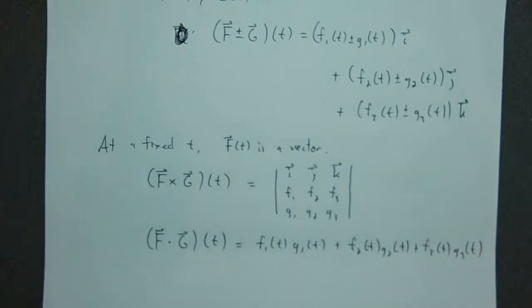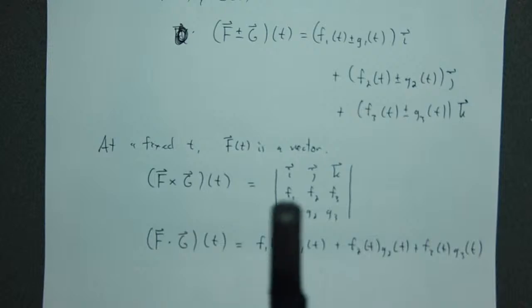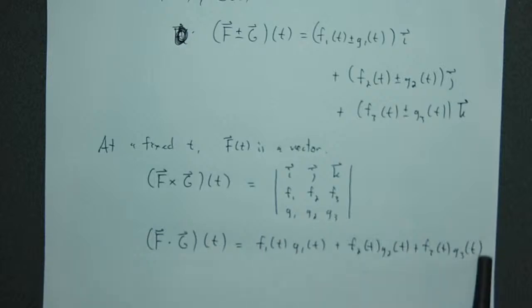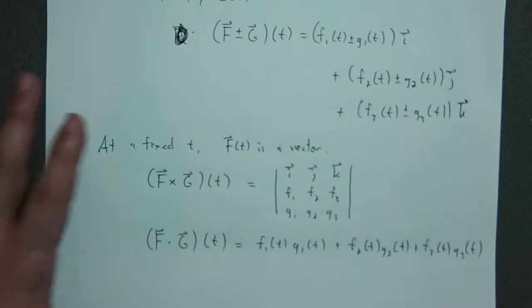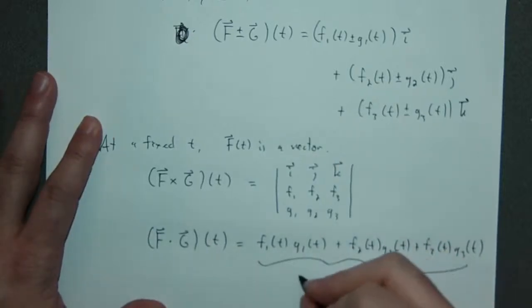Okay, and now, what do we note? Well, the cross product of two vector valued functions is itself, if we work this out, a vector valued function. Okay, but the dot product of two vector valued functions is a function of t, but it is scalar valued, right?